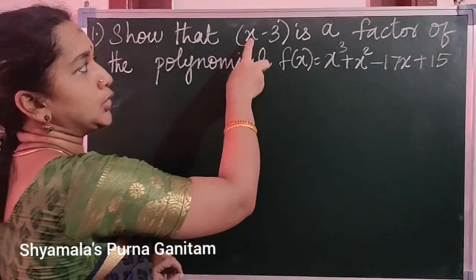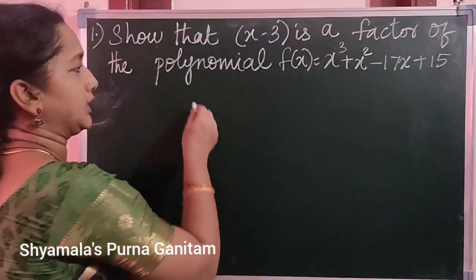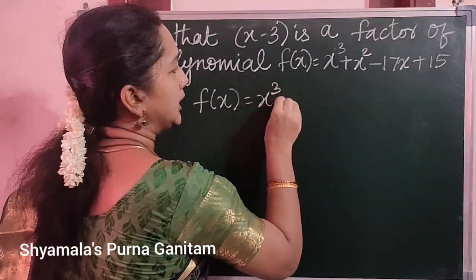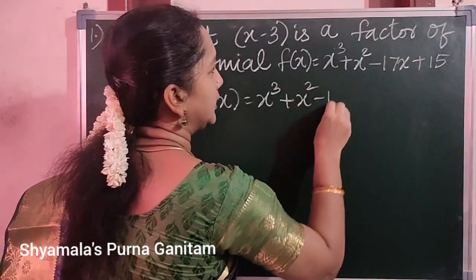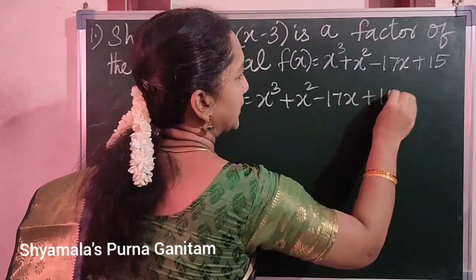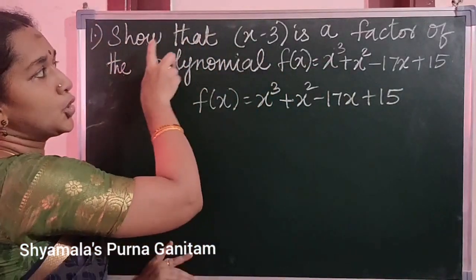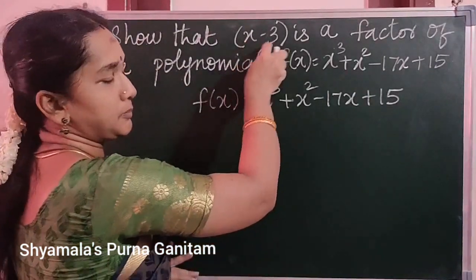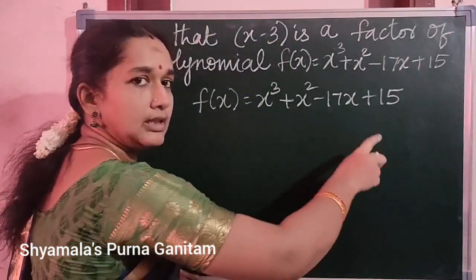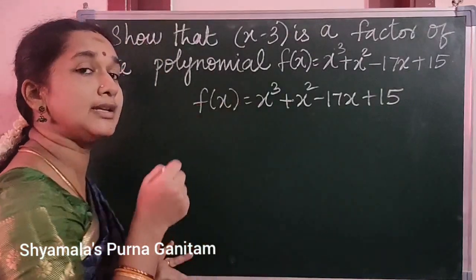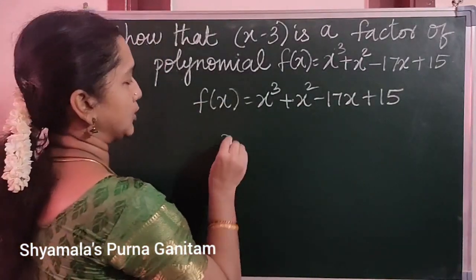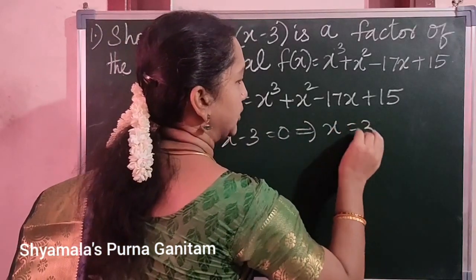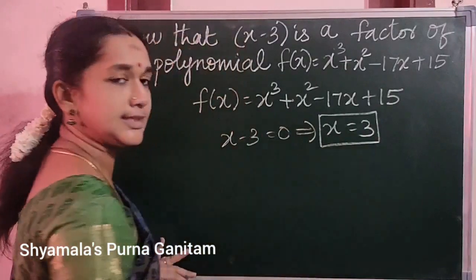You are asked to show that x minus 3 is a factor, that is, when you substitute x as 3 in this polynomial, you have to get 0 as the remainder. So x minus 3 is equal to 0, so x is equal to 3.